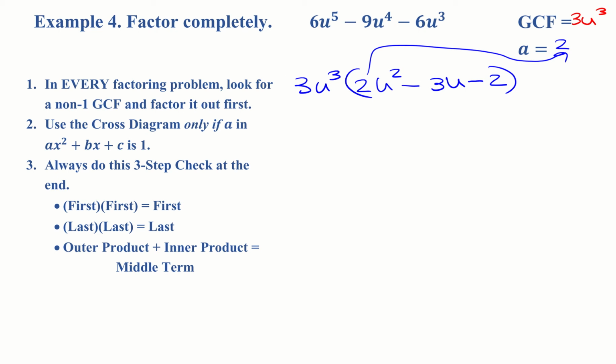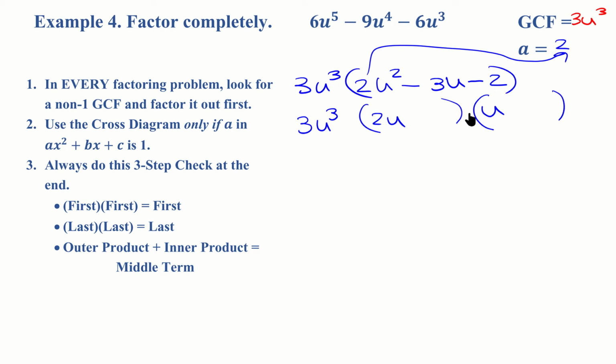Okay, so now we're going to go ahead and just carry the 3u cubed. You always carry that because otherwise you won't get the correct answer. And now we're looking for two numbers whose product is 2u squared. So that should be easy enough. 2u and u. Two numbers whose product is -2, but we won't worry about the signs till later. So just go with 2.